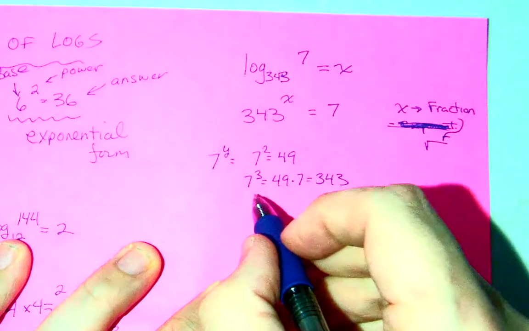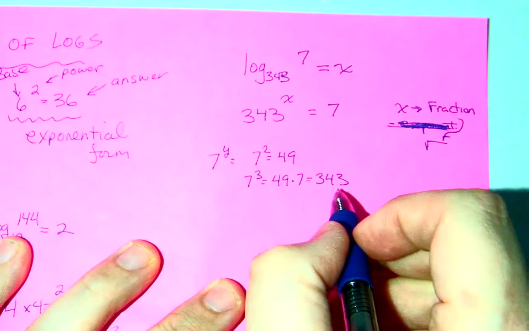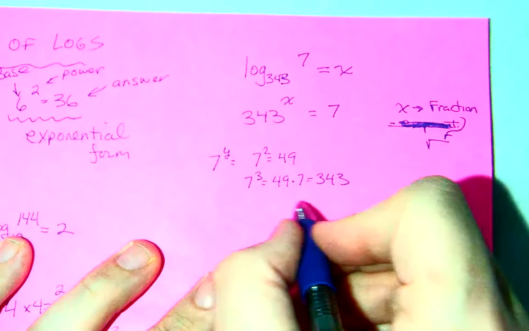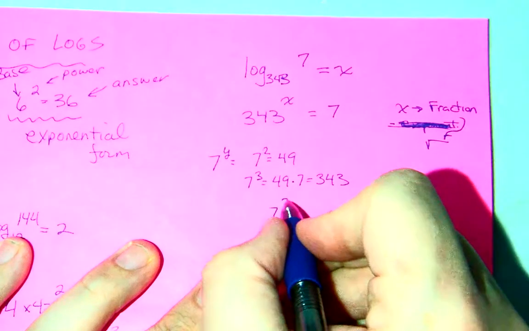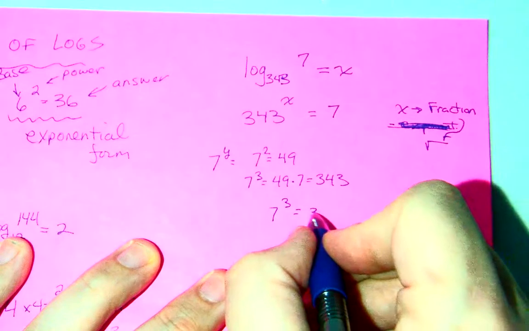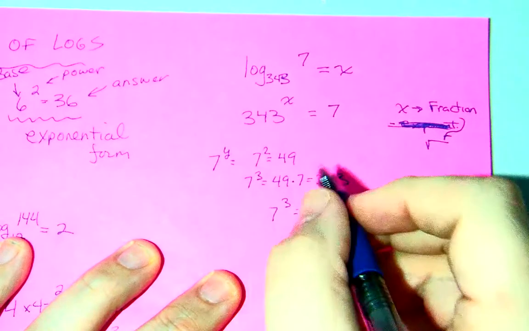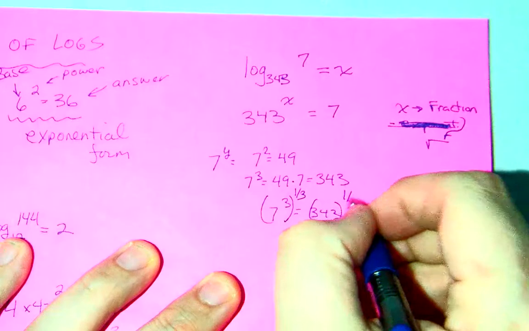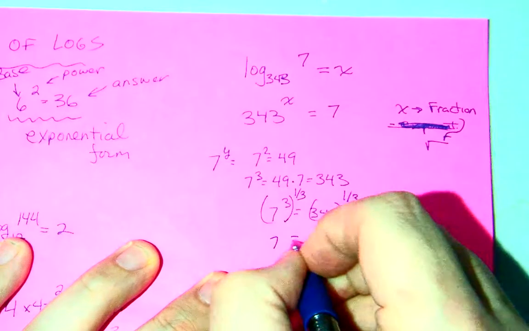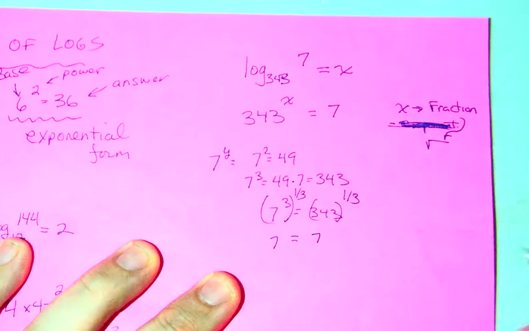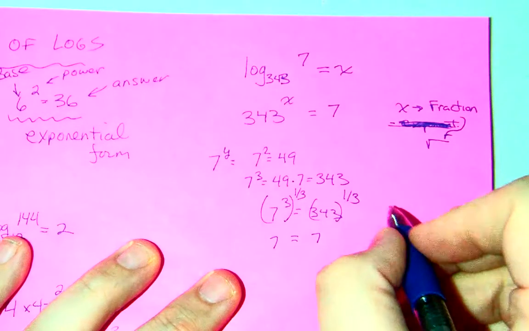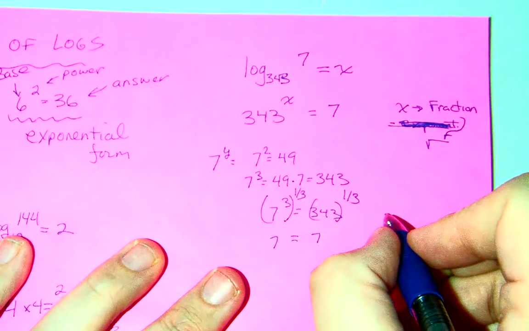So I know 7 cubed is equal to 343. If I take this to the 1/3, I get 7, and that's going to be 7 as well. So 1/3 is the value that I'm looking for in this case.